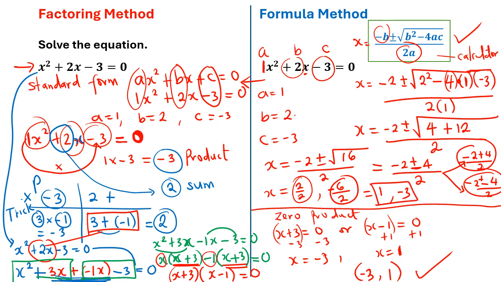And you can compare this result to what we got here. We used a factoring method to solve the problem, and we got negative 3, 1. And here we have used the formula method to also solve the problem, and we got 1, negative 3. So this is how far we can go with quadratic equations.